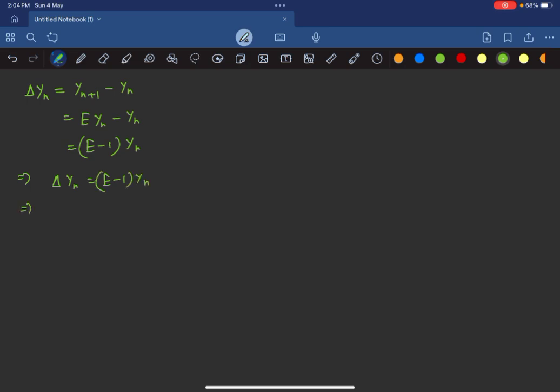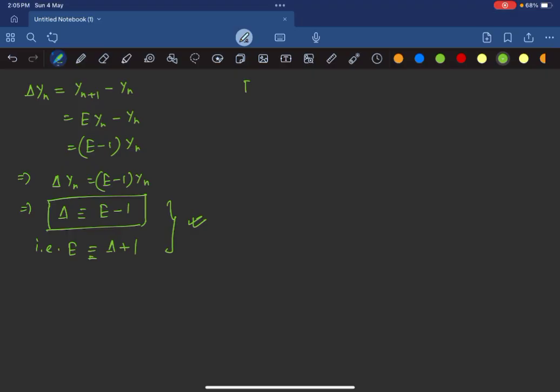If you compare both sides, you get delta equal to E minus 1. This is the relation between delta and E, so E is delta plus 1. These are operators, so delta is equivalent to E minus 1 and E is equivalent to delta plus 1. These formulas you can remember.